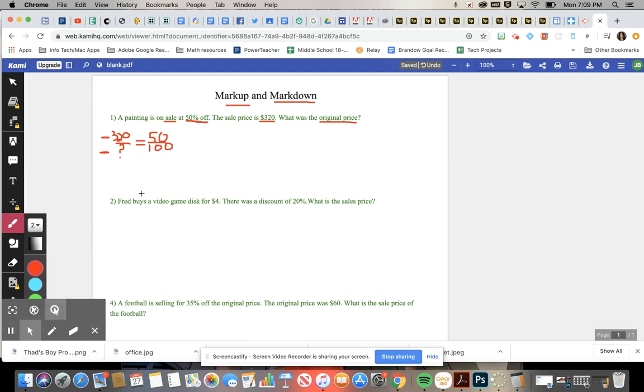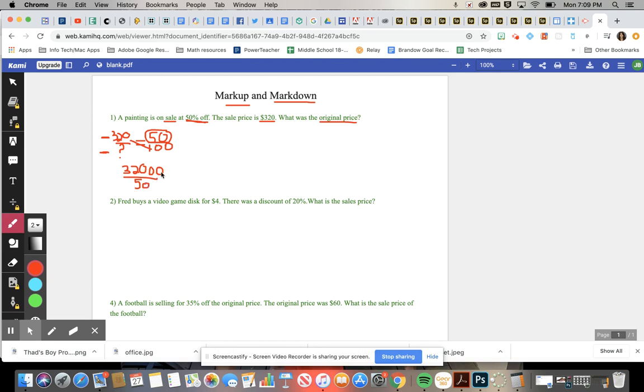Okay, and then we can just solve like a proportion. So cross multiply the 320 times 100, which would just be 320. And when we multiply by 100, we just add two zeros. So 32,000. And then we divide by the number that's left. So divide by 50.